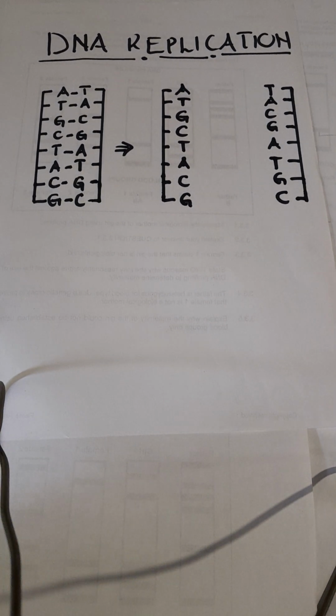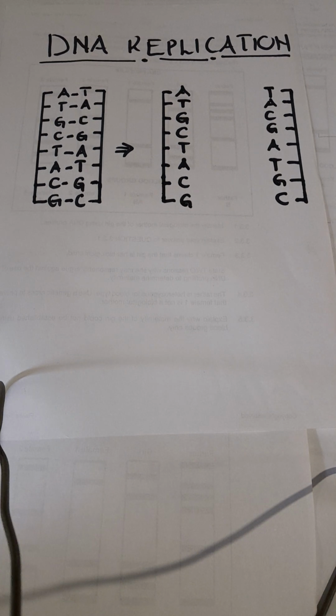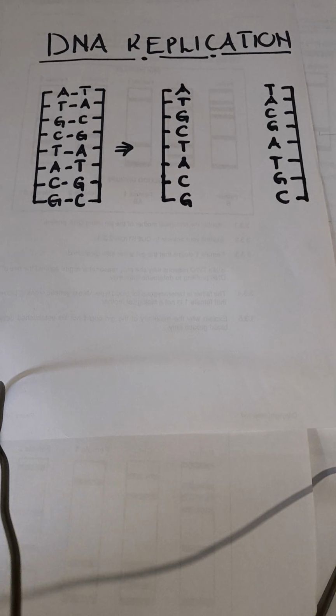Okay, now what is DNA replication? These are the questions that we'll be answering. What is DNA replication? And why does DNA replication take place? And where? So these are the questions that we'll be answering here.